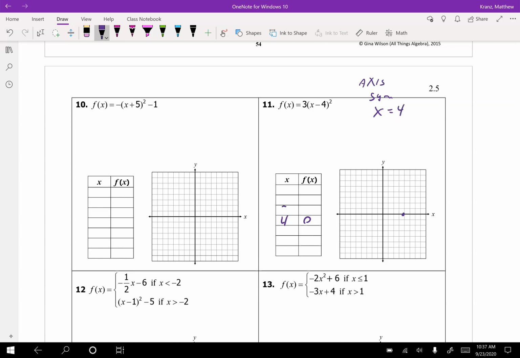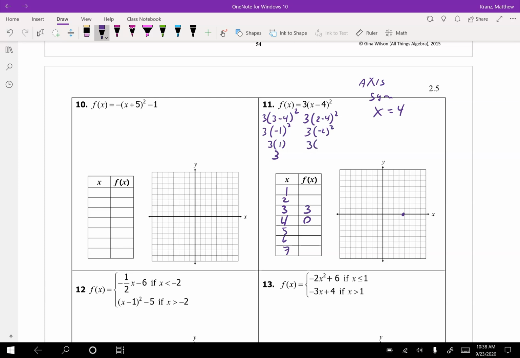And now I'll use different values: 3, 2, 1, 5, 6, 7. If I use 3, that's 3 times 3 minus 4 squared. Well, 3 times -1 squared. -1 squared is 1, so 3 times 1 is 3. Let's try the next one. 3 times 2 minus 4 squared, 3 times -2 squared.